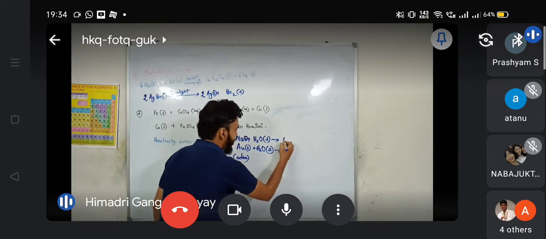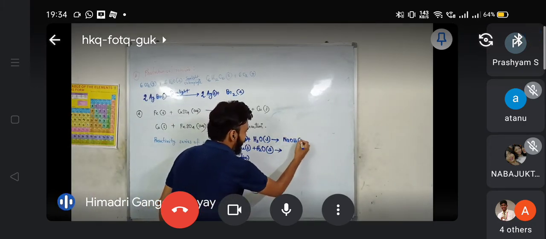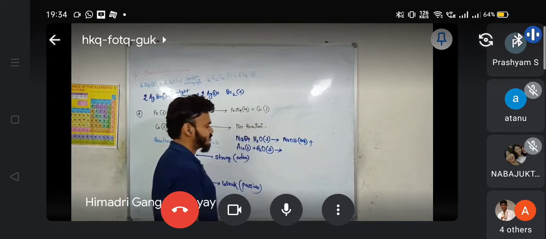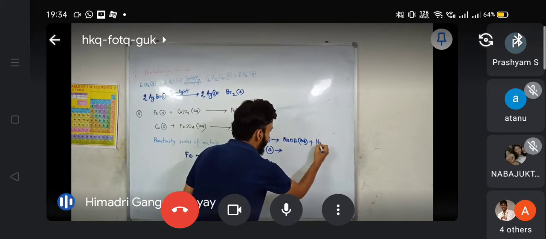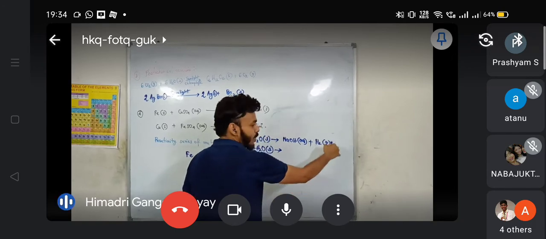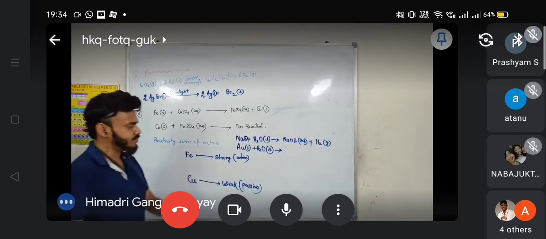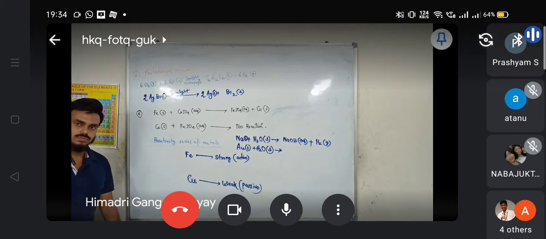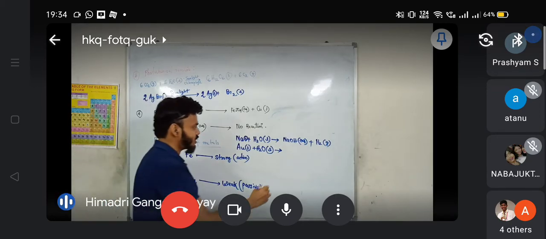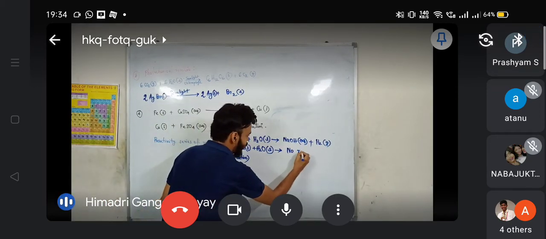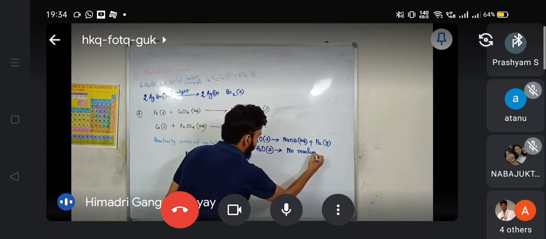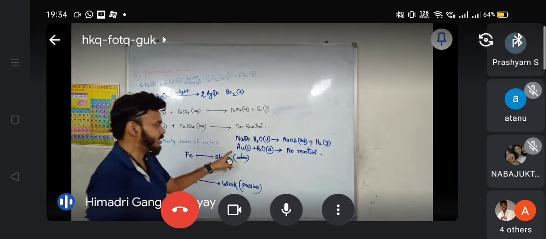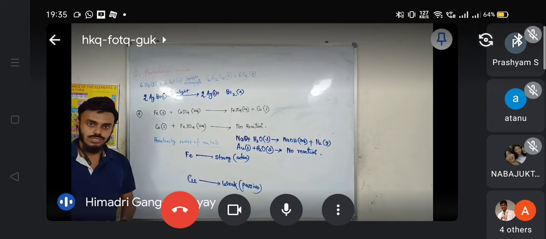Sodium hydroxide, caustic soda, very good, plus hydrogen gas. गैस को तुम अपवर्ड एरो भी दे सकते हो. Second, no reaction actually takes place. Gold is inert to water. Now the question is why?